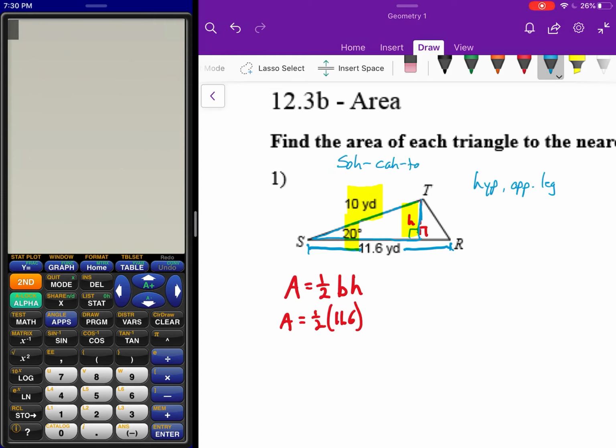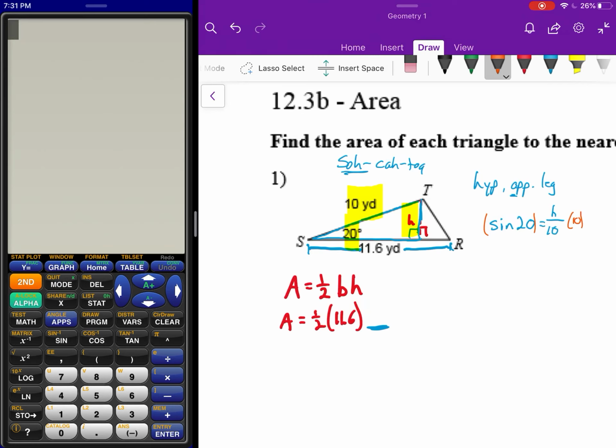And so when we have hypotenuse and opposite leg, think of SOHCAHTOA, and we see that we want to use sine. So again, we need to find the height for this spot right here, and so we're going to use trigonometry. So we have sine of the angle, which is 20, equals the opposite leg, which is h, over the hypotenuse, which is 10.